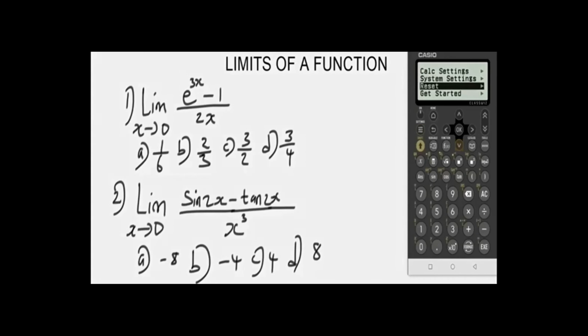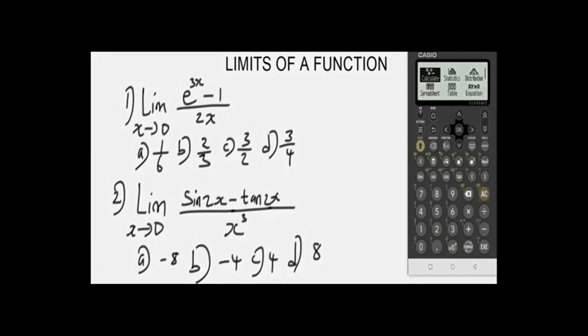Once you get there, press execute, this button below. Now go for initialize all. When you get here, press execute for yes, and it's done. We have reset the calculator. So the next thing we're going to do will be to store a value on this calculator.